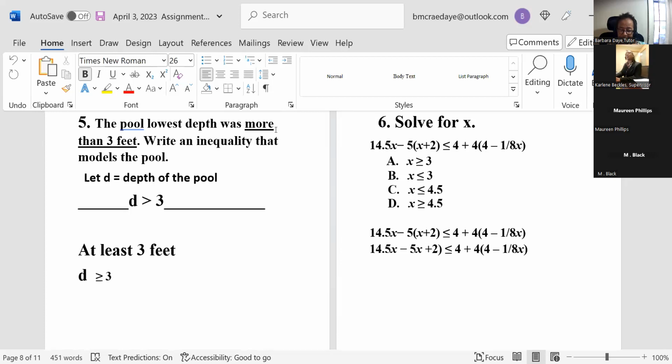Multiplication, yes, 5 times 2 is 10. It's minus 10. Yeah, that's what I'm saying. Minus 10. Okay, so we've got that one done. You did the first parenthesis: -5 times x is -5x, -5 times plus 2 is -10. Now let's go to the next parenthesis.